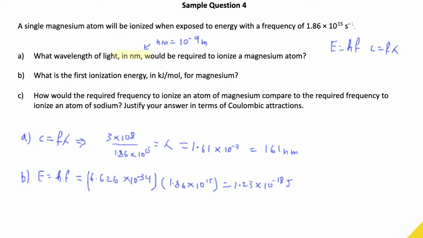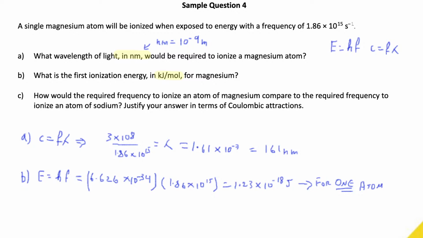Okay, now what you have to realize is that this is for one atom. What they're asking me is joules per mole. So now, if it is joules per mole, I need to multiply it by the number of atoms in a mole, which of course is Avogadro's number.